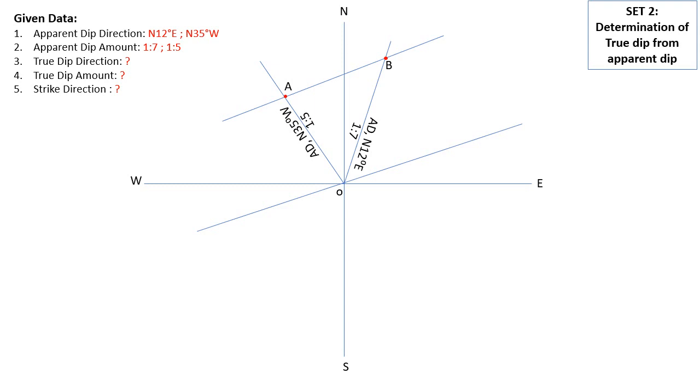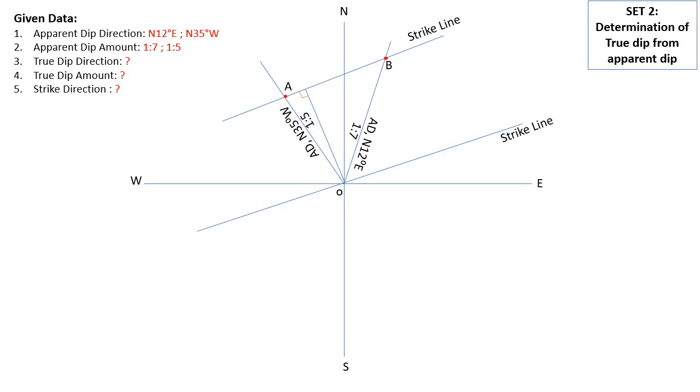We need to draw a perpendicular line to the strike, and it should pass through center O. So this is the strike line and this is the true dip, which is exactly 90 degrees to the strike line, passing through O, the origin or center.